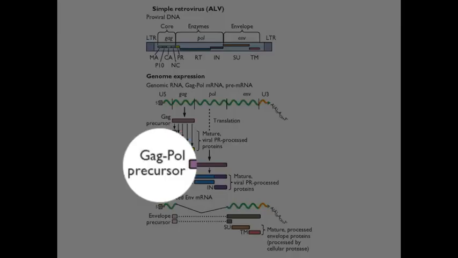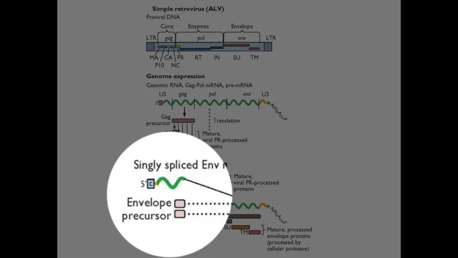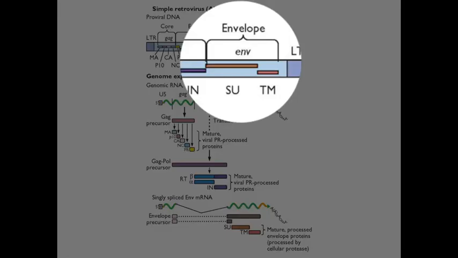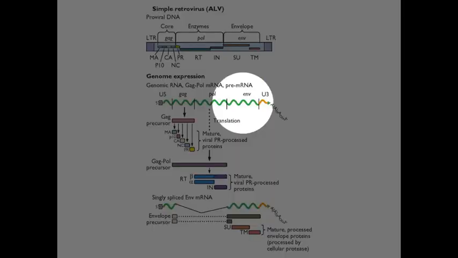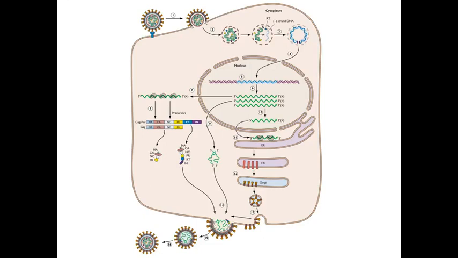It also gives rise to the reverse transcriptase. And then a spliced version of this gives rise to the envelope glycoprotein. So the envelope sequences are encoded here, but they can't be accessed in this message, so they're accessed by a spliced mRNA. So it's relatively simple. There aren't too many proteins: capsid, enzymes, and envelope glycoproteins. And as I said, the HIV genome is much more complicated than this, as we'll see later.